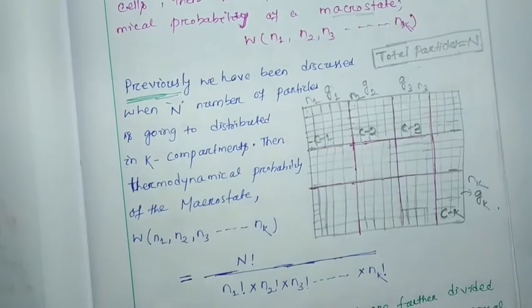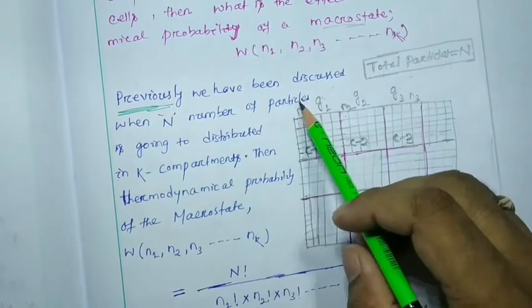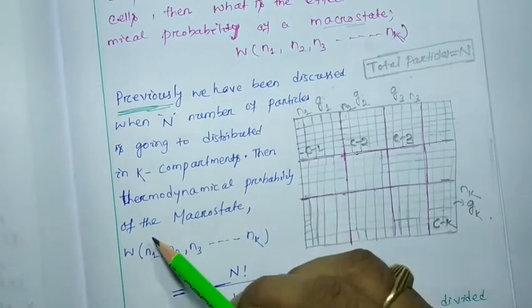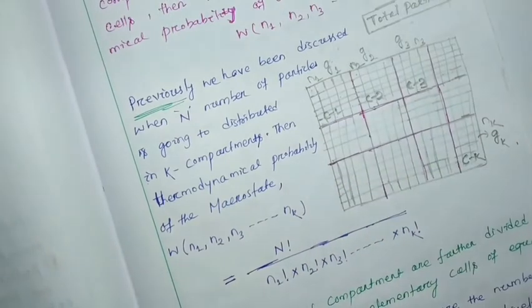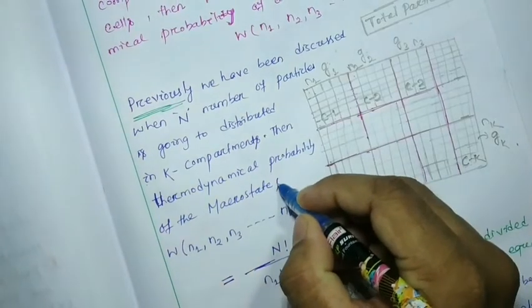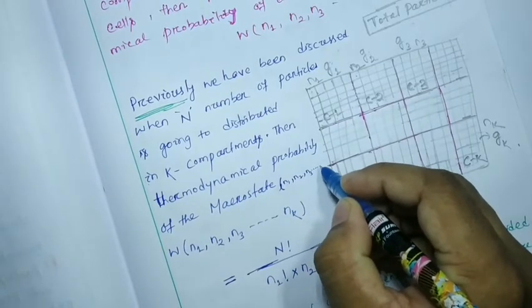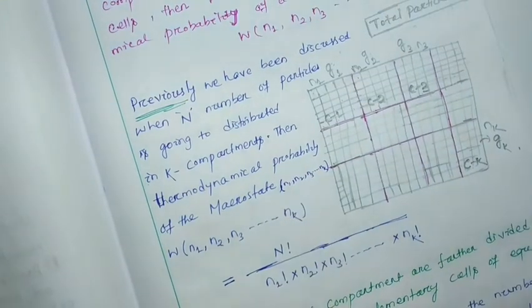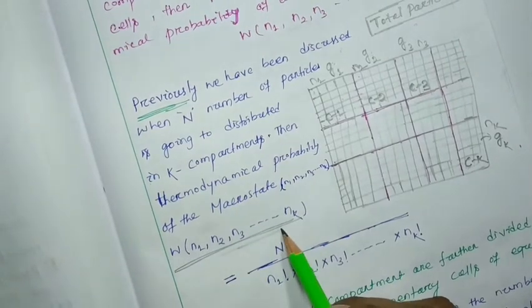Okay. So here previously we discussed that when n number of particles is distributed in k compartments, then the thermodynamical probability of the macrostate n1 n2 n3 nk, this is the macrostate. For this macrostate, this is called the thermodynamical probability or the number of microstates.